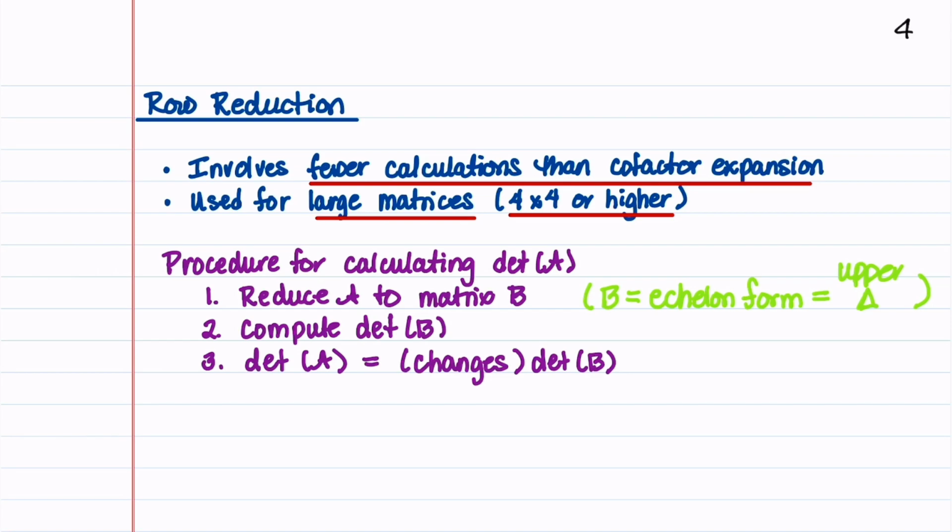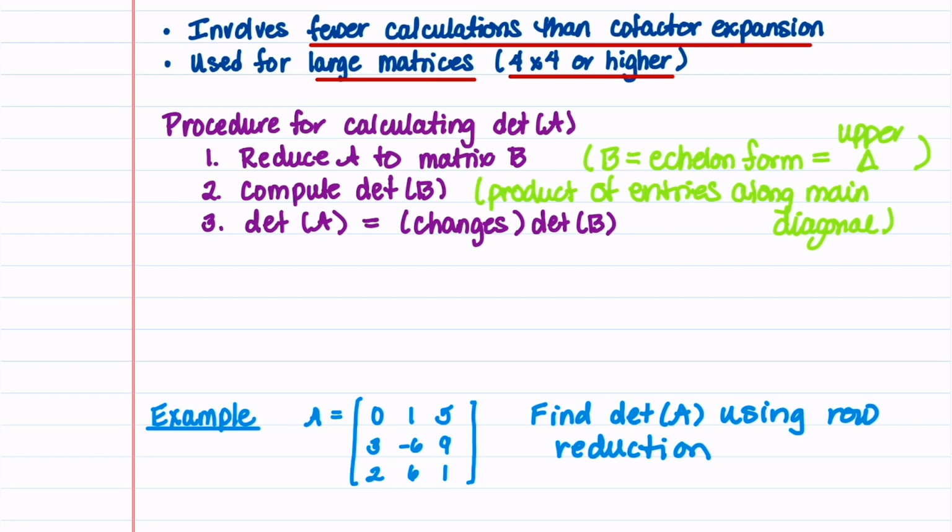So let's write down product of entries along main diagonal. Our last step is that our determinant A is going to be our changes, which I'll show you in a minute, times determinant B.